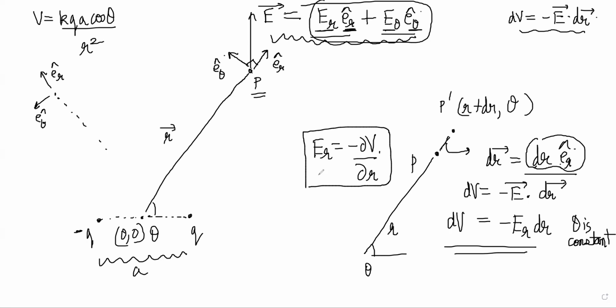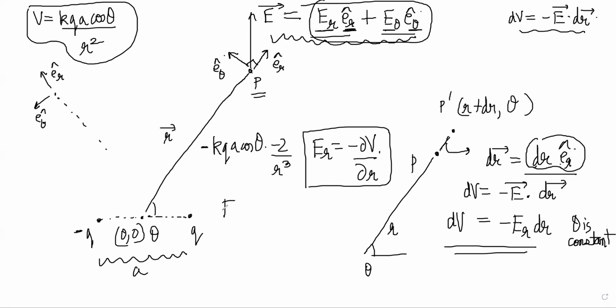So now we look at this formula and do a partial derivative of this formula with respect to r, keeping theta constant, right? So kqa cos theta is all constant, and we have to differentiate 1 by r square, which will be minus 2 by r cubed, and there is a negative sign ahead. So it will be this way.